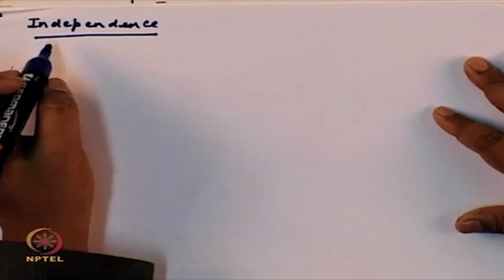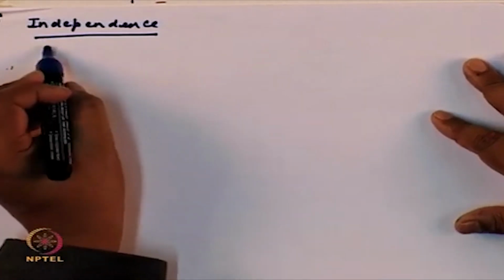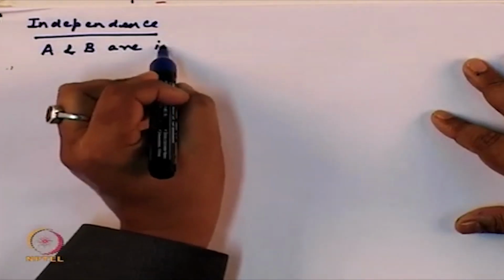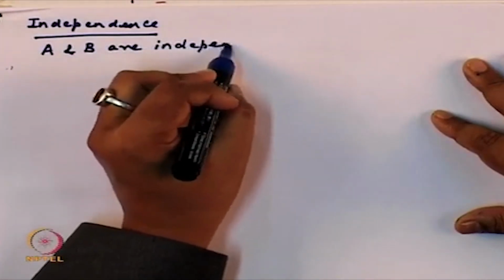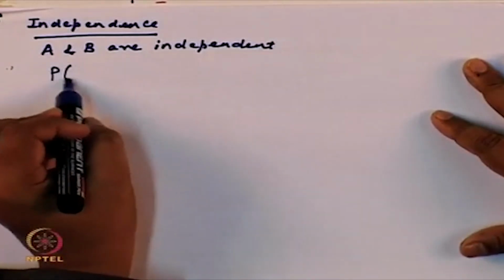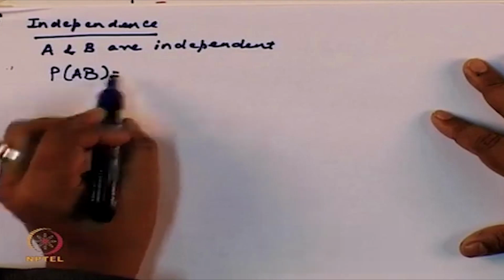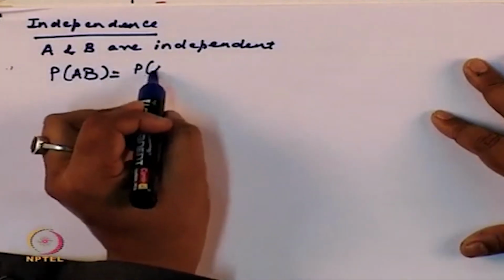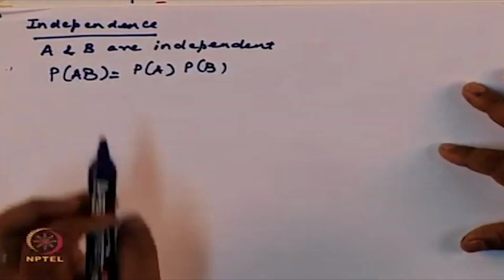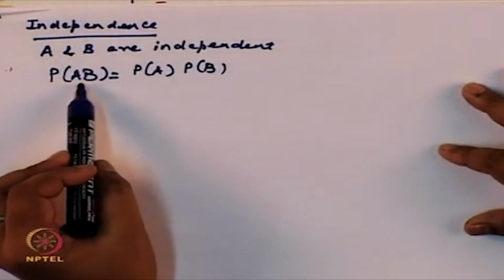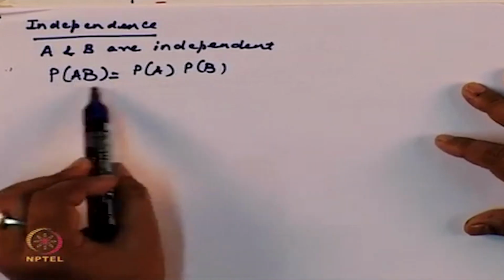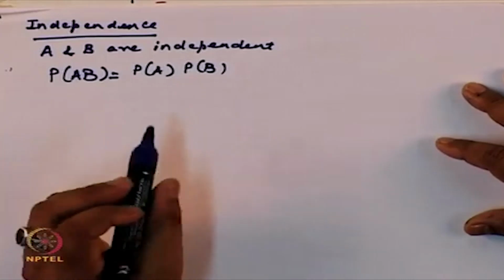When two events A and B are independent, I can write the probability of AB is equal to the probability of A into the probability of B. Because there is no dependence of A on B and vice versa, you can separate it out into two individual probabilities.